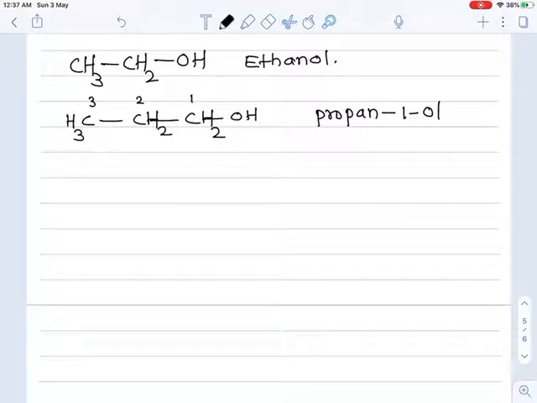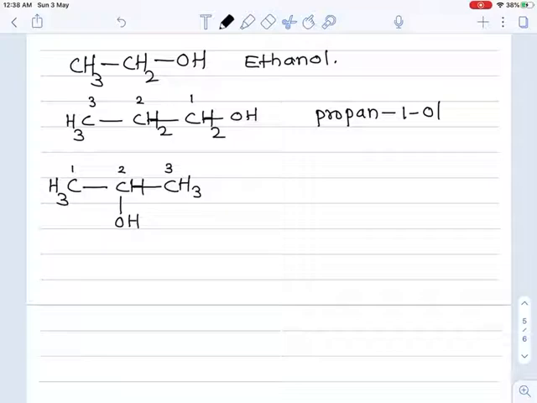If we take one more example, again a 3 carbon containing chain, and the OH group is attached to this middle carbon atom, then if we number the chain from both sides, this carbon atom gets the same number, number 2. From this side also 1, 2, 3. Now the remaining valency of the carbon is completed by hydrogen, which gives its structural formula.